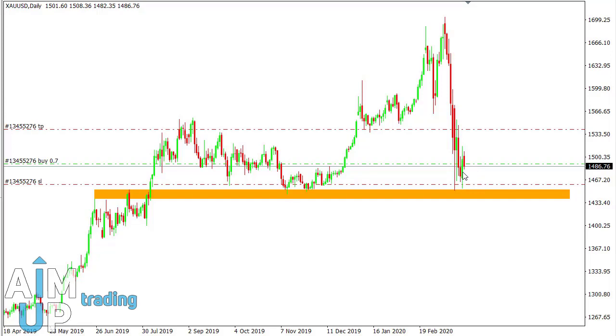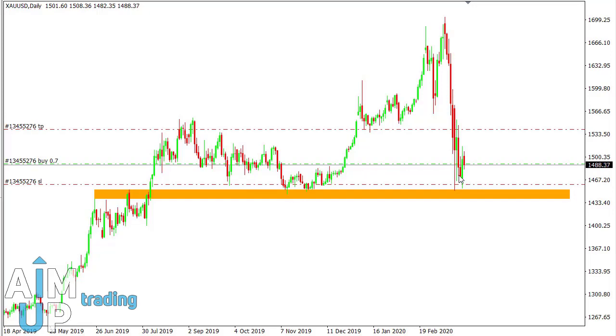Those are all things that give us confirmation, and make us feel comfortable with taking this trade. So basically that's why we took this trade. We set our stop loss a little bit under the engulfing candle, and our take profit is basically pretty much the same where it was.